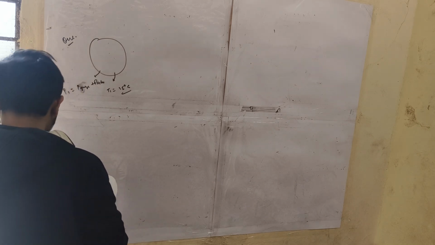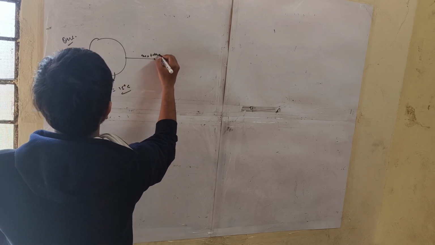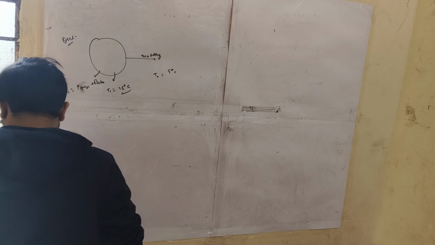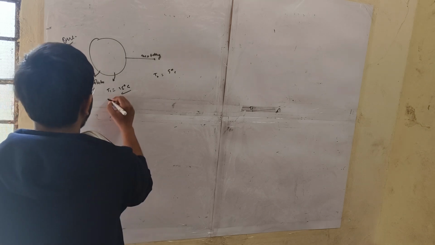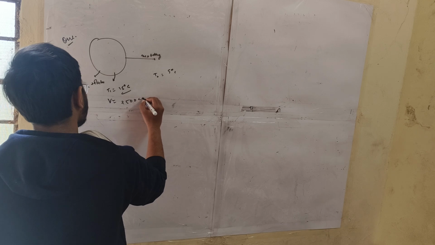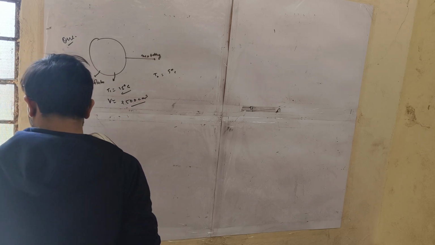The next day the temperature becomes 5 degrees Celsius and the volume is constant, given in centimeter cube. We need the amount of heat lost by the air in the football and the gauge pressure of the air in the football.